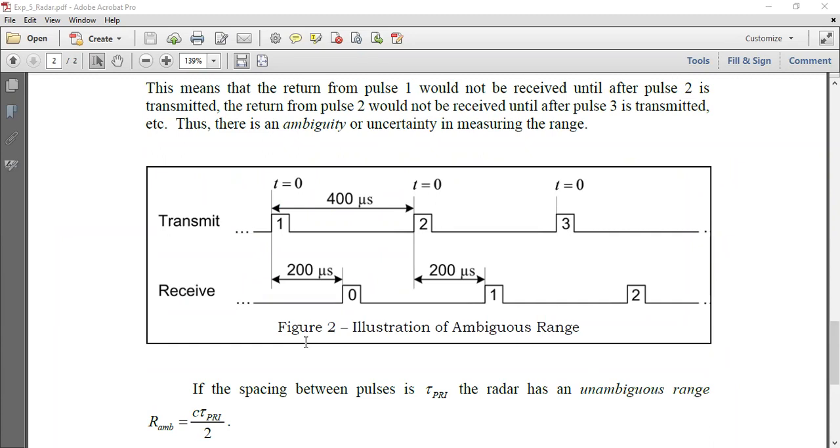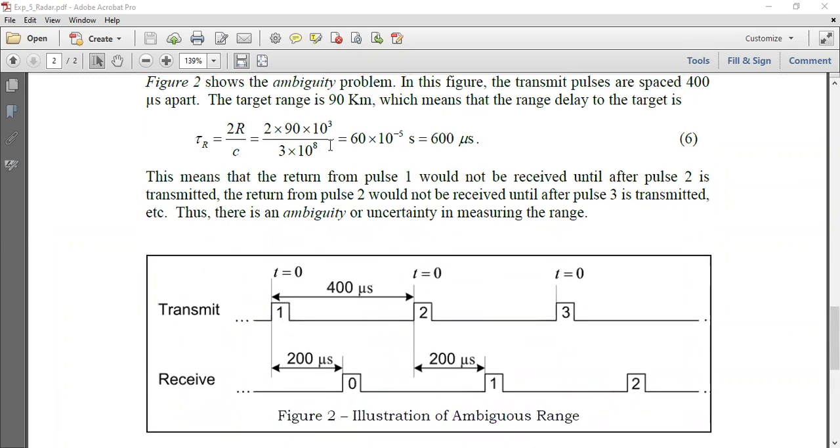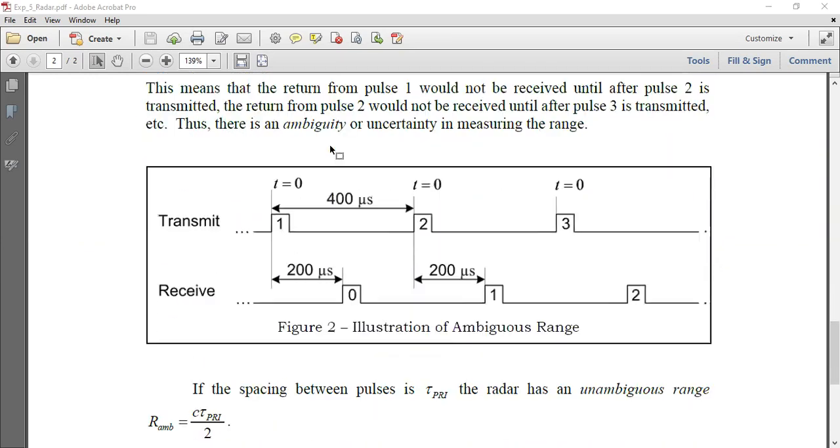Well, there can be a problem which is called ambiguity. If the object is located too far, then the reflected pulse will arrive after you transmit the second pulse, and that is what is shown here. This pulse number one reflects and comes back here.